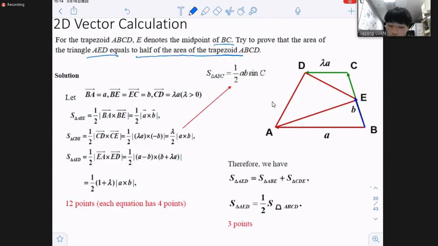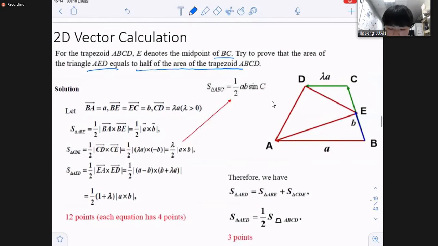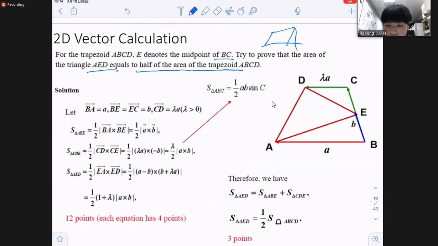Now you don't have an equation for the area of a trapezoid, right? But you have equations for the area of triangles. So you can start from triangles, and then you have 3 triangles.